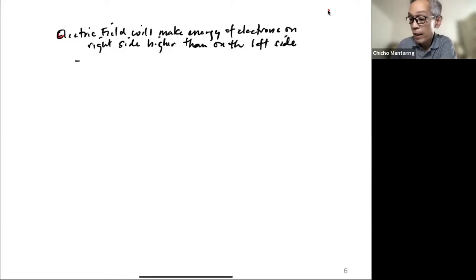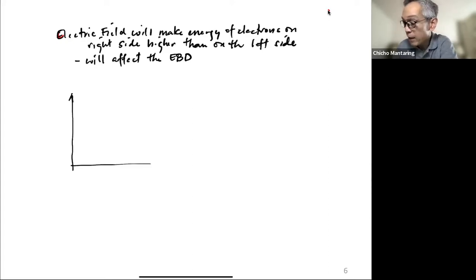No? And this will affect the energy band diagram. If I plot the energy band diagram, so this is versus X. No? So let's say this is the end of my solid. So I have EC, and then I have EV. Okay.